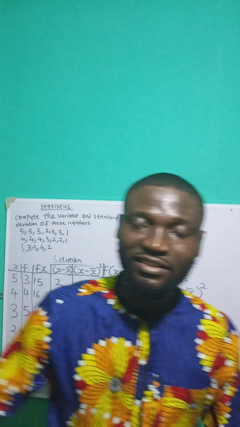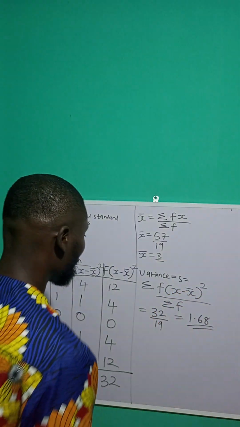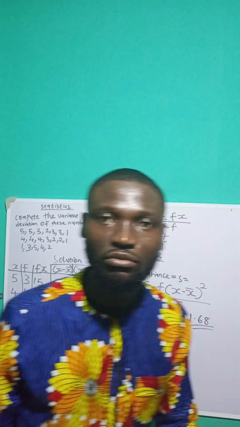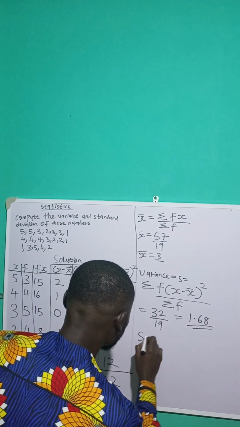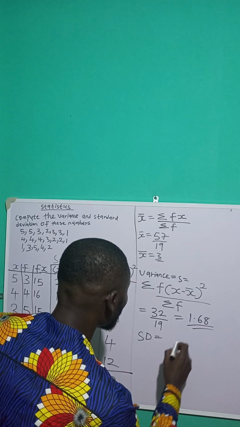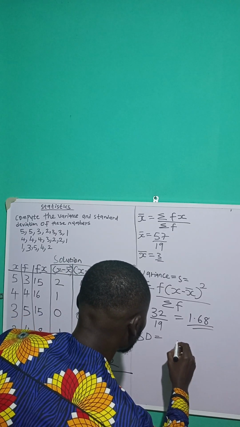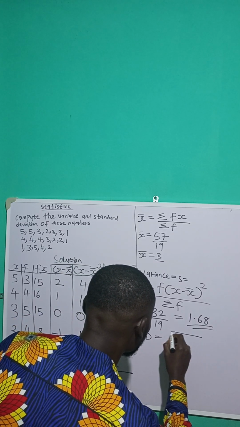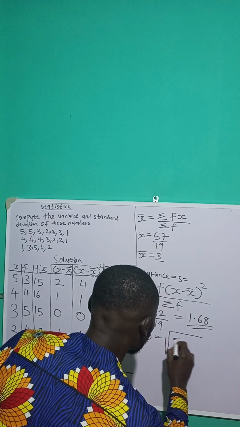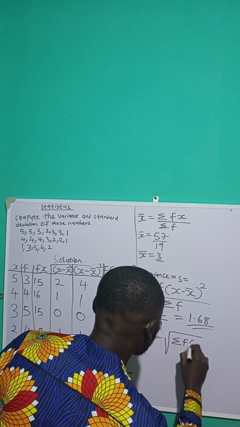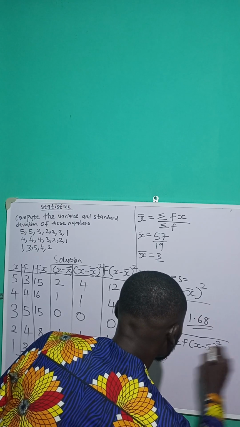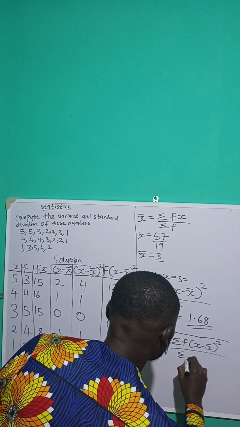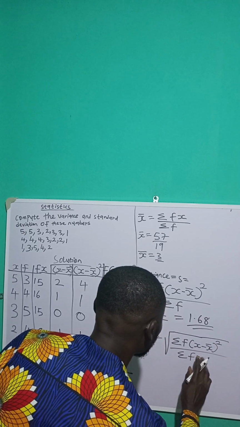Standard deviation is the square root of the variance. Standard deviation is denoted with SD. So SD is equal to the square root of summation f bracket x minus x bar raised to power 2 over summation f.